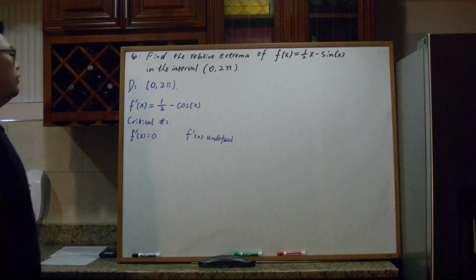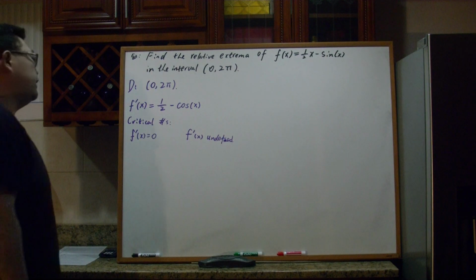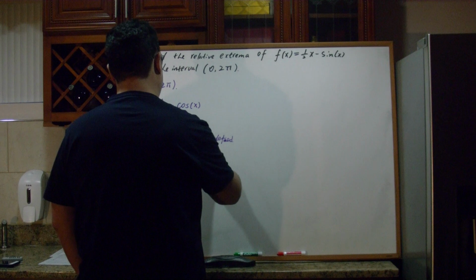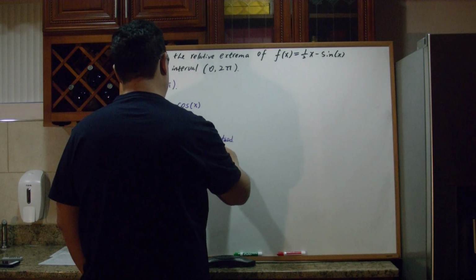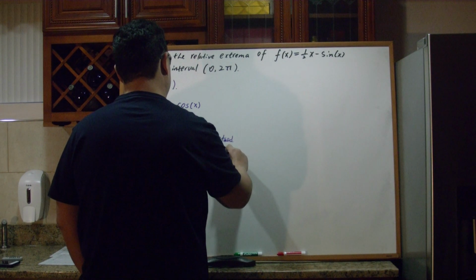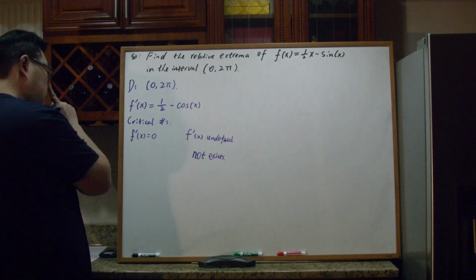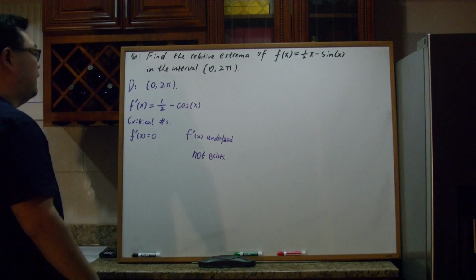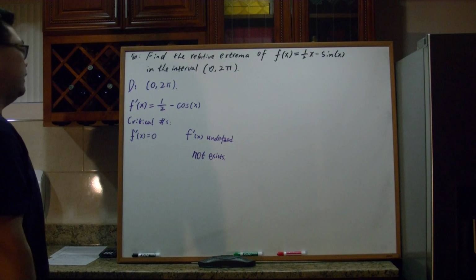Cosine is defined everywhere, so there is no x value that makes f prime of x undefined.